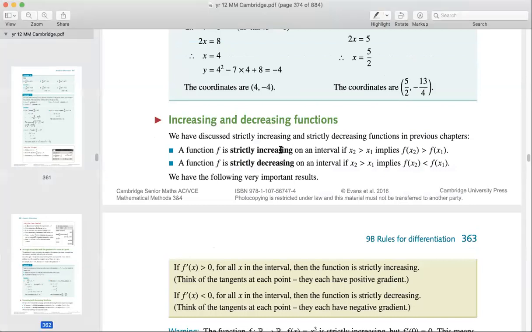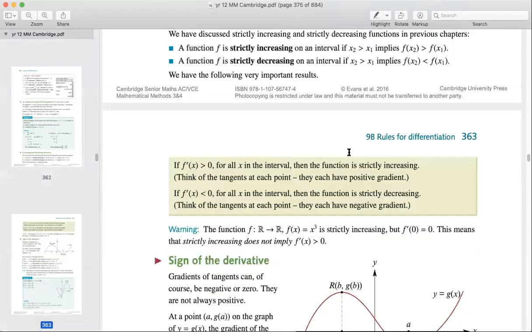So again, for strictly increasing and strictly decreasing, we can use the derivative to help us know. So if f dash x is greater than 0 for all x in an interval, my function will be strictly increasing.